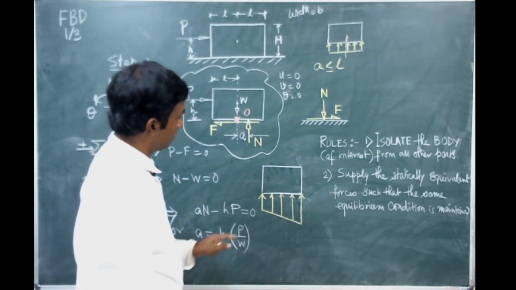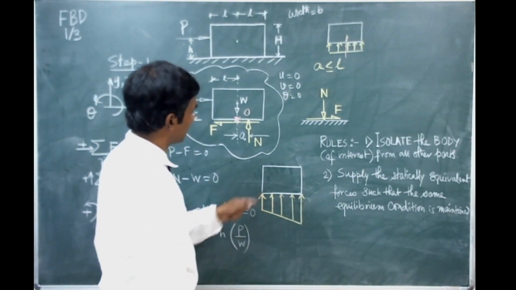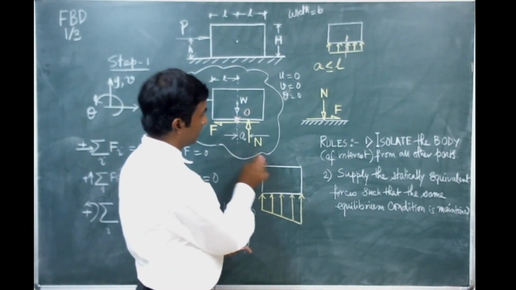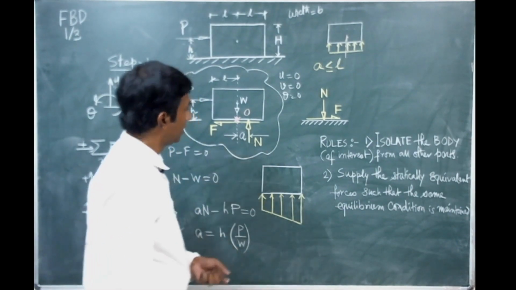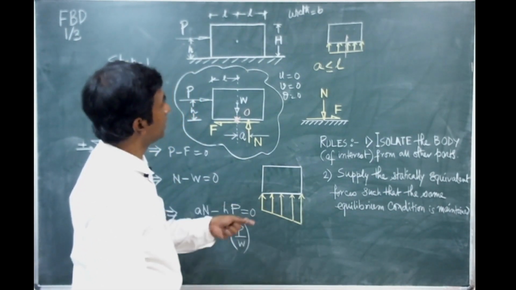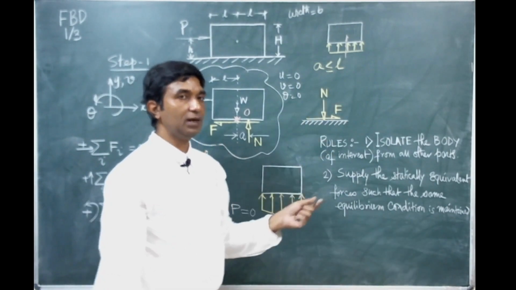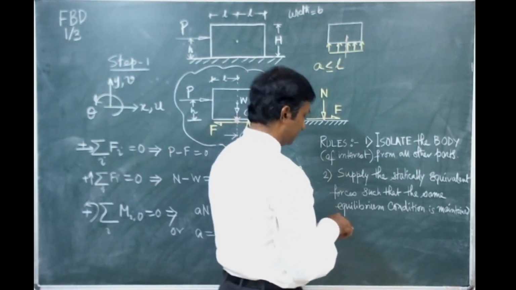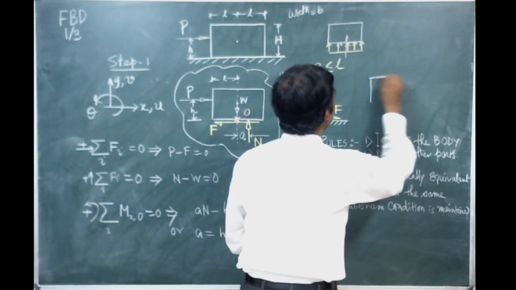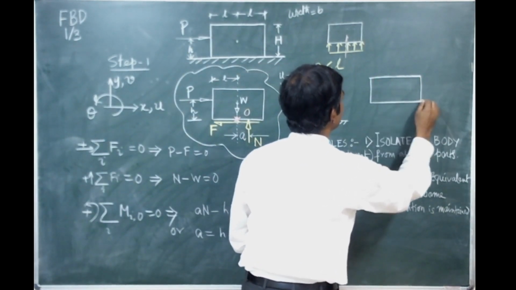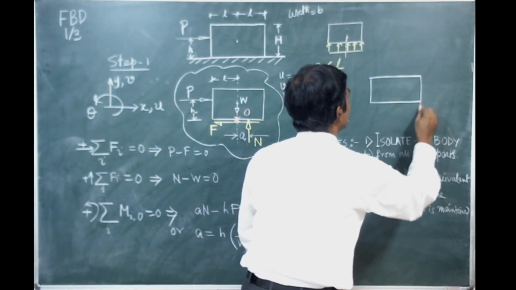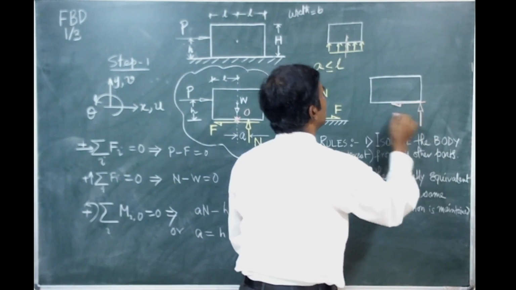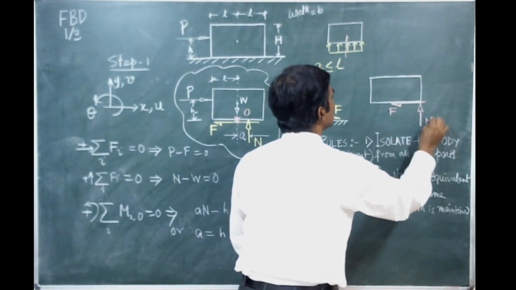So that is why you have to understand this normal reaction, whose resultant is N. And I told you that A should be less than L, and when A hits the value L, you get a completely different situation. I believe that requires a discussion. You have this situation.